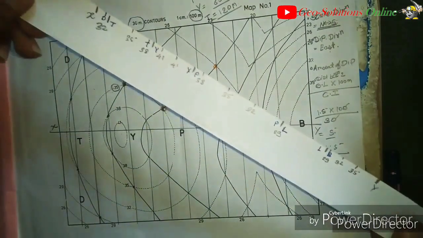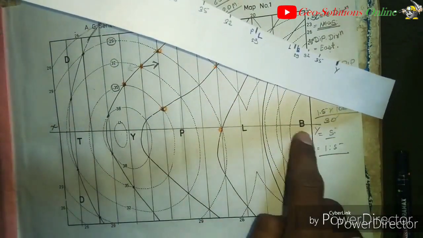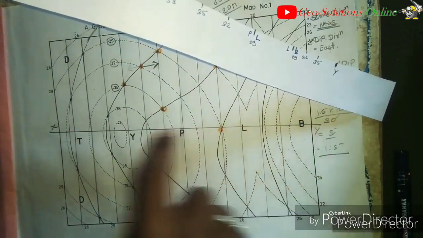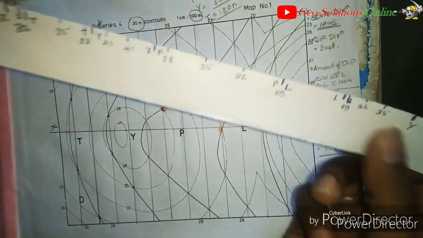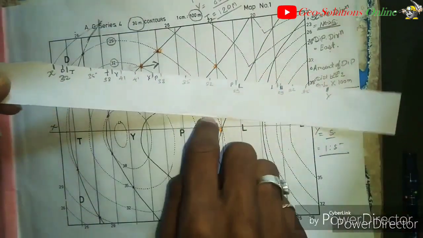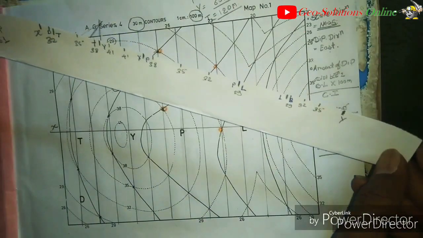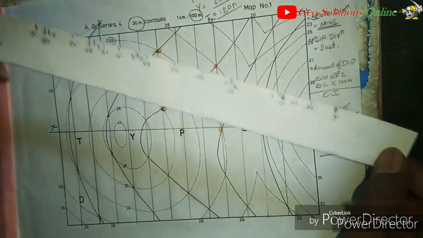In this way you have plotted all the points of this map with reference to this XY axis on this strip paper. So you have done half the work, and next with the help of this strip paper we will draw the section of this map.